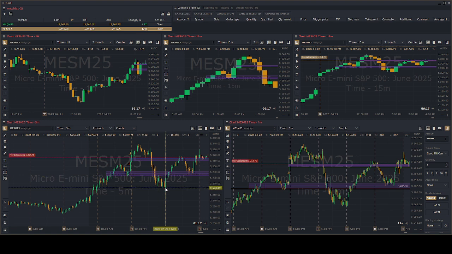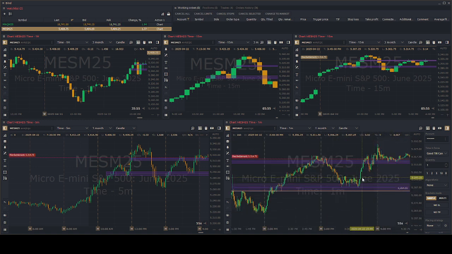Lower high, lower low, higher high. Right, and then basically reclaims the 15-minute fair value gap in here, sets up another breaker to long. Little pullback. I wouldn't have been stopped out until this low if I was trading one contract.